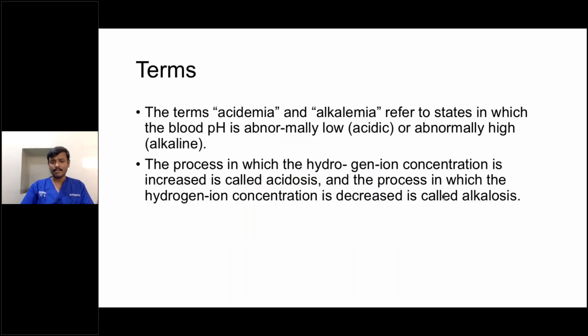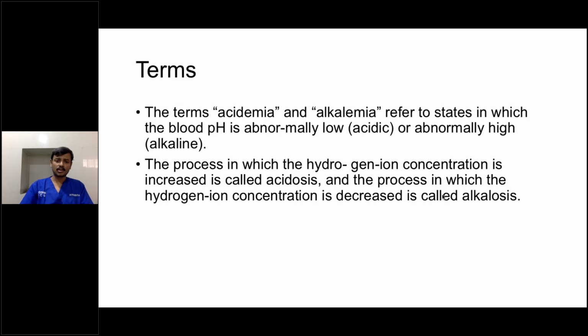The terms acidemia and alkalemia refer to states in which the blood pH is abnormally low, acidic, or abnormally high, alkaline. The process in which the hydrogen ion concentration is increased is called acidosis. Acidosis is a disorder, a process where hydrogen concentration is increasing.